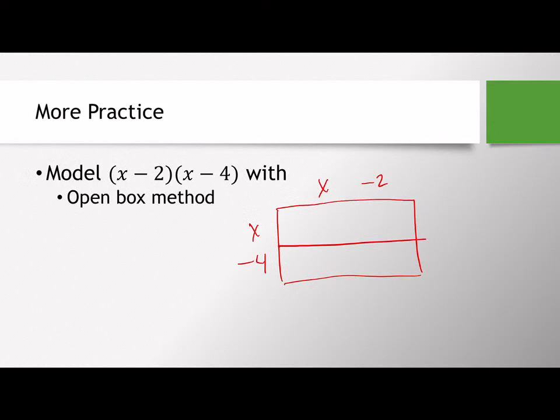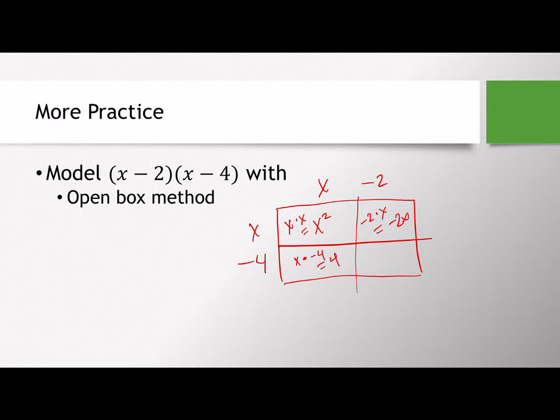When we do x times x, we get x squared. Negative 2 times x equals negative 2x. And then we have x times negative 4, which is equal to negative 4x.